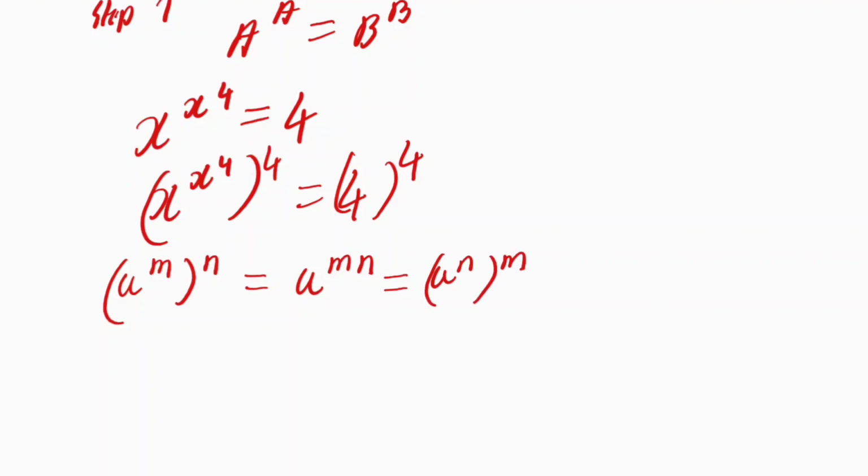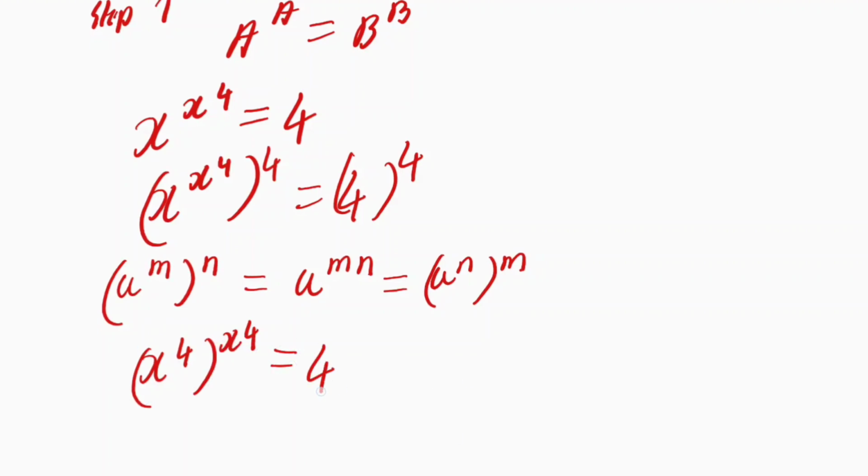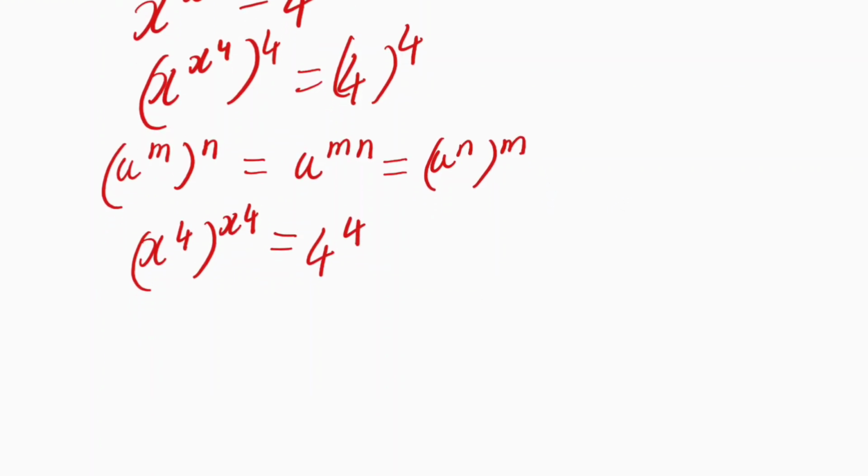Applying this to the left side of the equation, we now have x to the power 4, all to the power x to the power 4, is equal to 4 to the power 4. Now I've gotten to this point, so we're going to go to step 2.